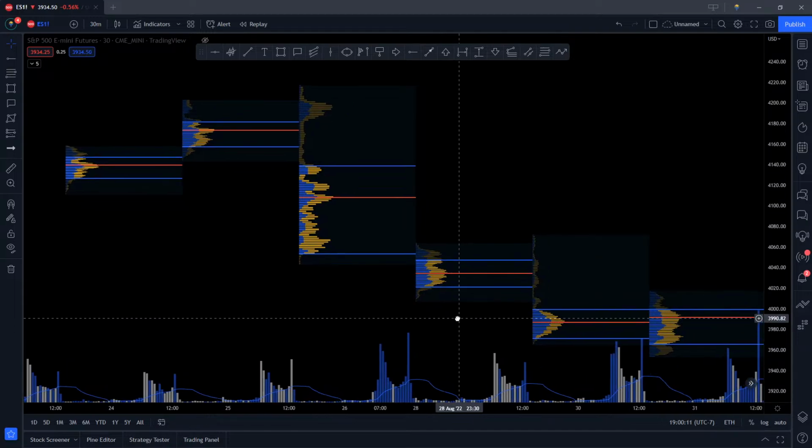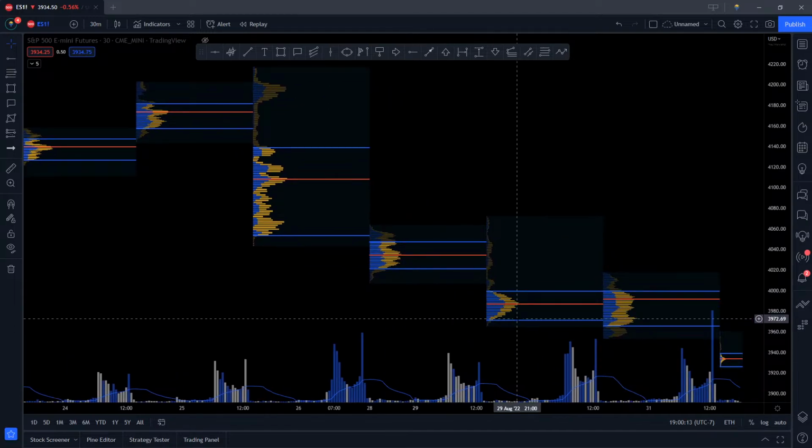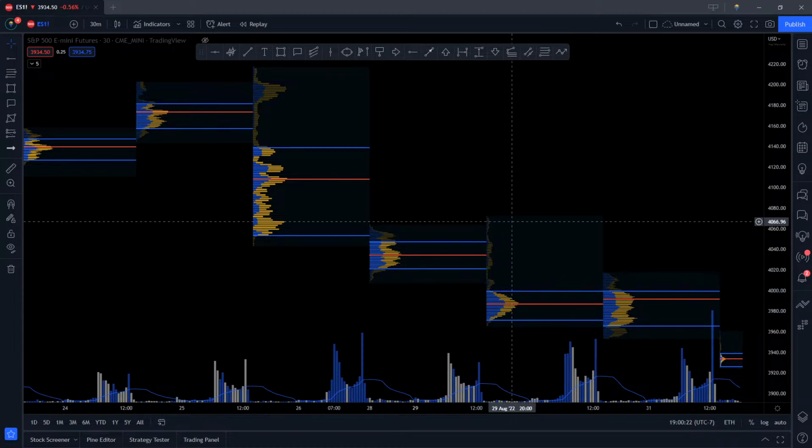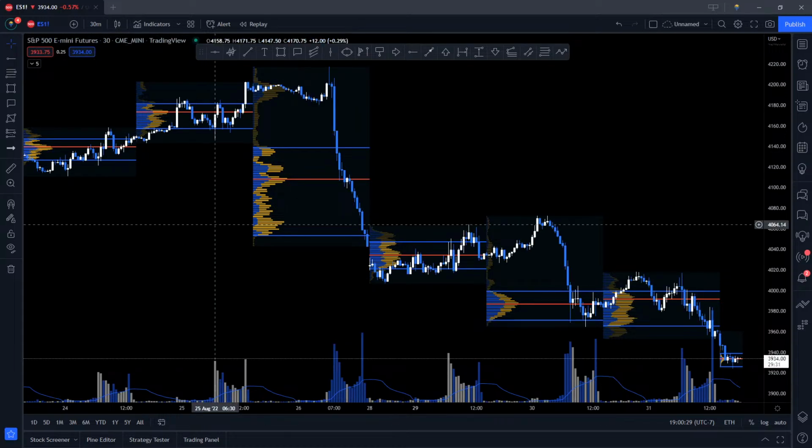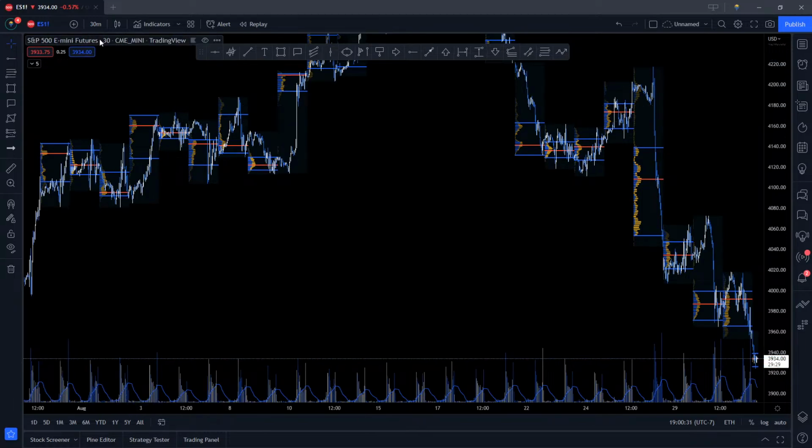So, people in the Discord will probably know this, but for our B-shaped volume profiles, I'm just going to use this as an example, and we'll get into this more in a bit.